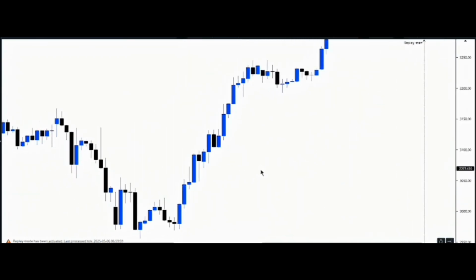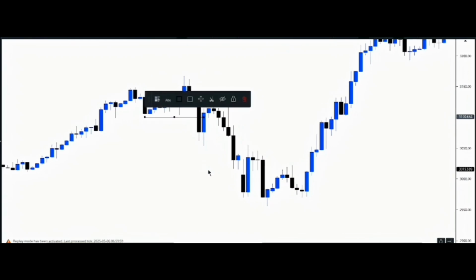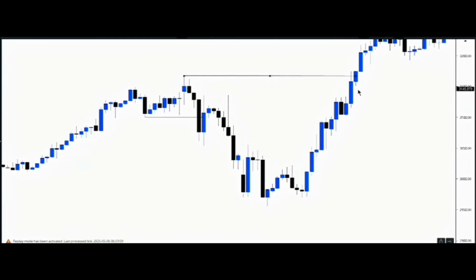Now, let's look at this. Take a look at this high. This high, to be confirmed as a major structure high, it has to take out liquidity. Liquidity has to be taken. And here is that liquidity taken. And therefore, once liquidity has been taken, then our high is confirmed. This high is now confirmed.